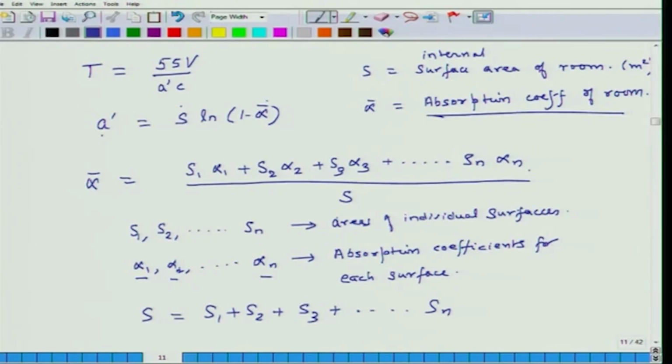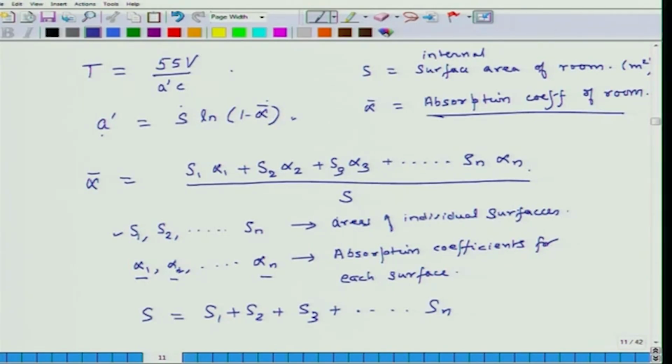I can very easily find out S1, S2 till Sn, and calculate S. The only thing we are missing is how do I know what the alphas are? If I know alphas, then I can calculate this A prime, and from A prime I can calculate the reverb time.